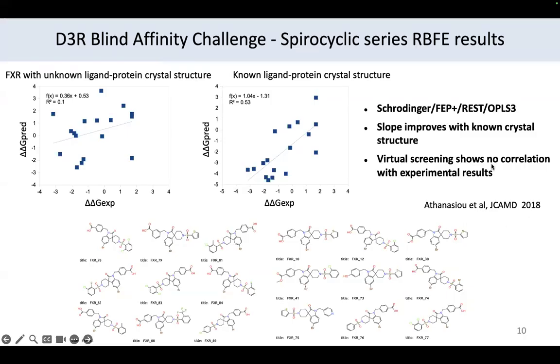Also, the virtual screening showed that there is no correlation if you dock and score all these compounds with virtual screening programs. There was no correlation with experimental results because docking and scoring are not sensitive to the very, very small changes that these molecules have.